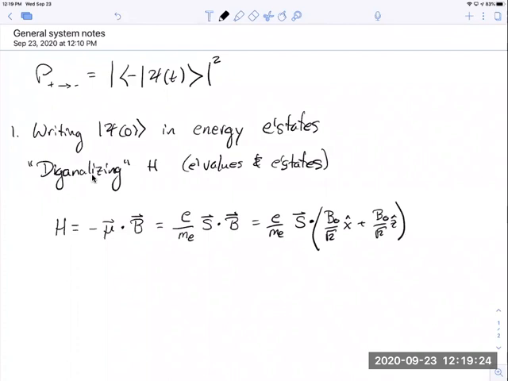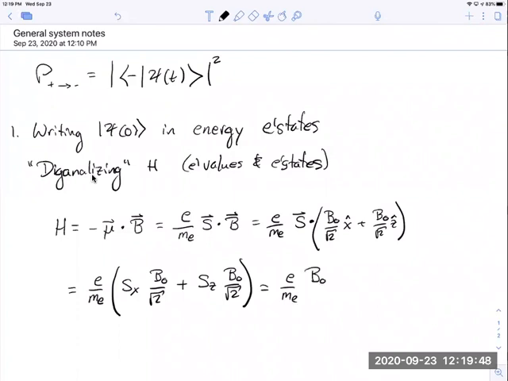So dotting into this, I will get e over m sub e, Sx times B naught over the square root of 2 plus Sz B naught over the square root of 2. Since B naught over the square root of 2 appears everywhere, I'm going to factor that out so that I have e over m sub e, B naught over the square root of 2, and then Sx plus Sz.